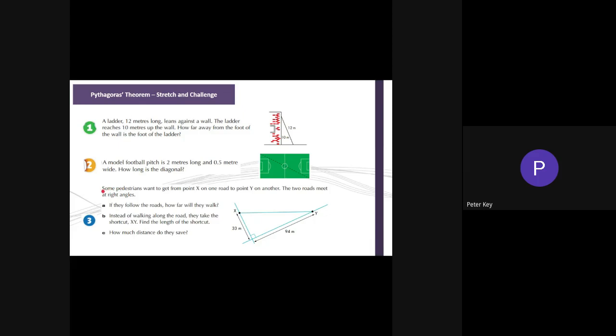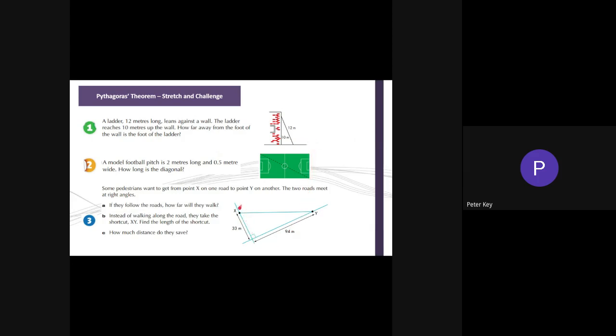Again, some pedestrians want to get from point X on one road to point Y on another. The two roads meet at right angles. So I know X and Y meet at a right angle. So it's going to have that square there where they meet. That's that.